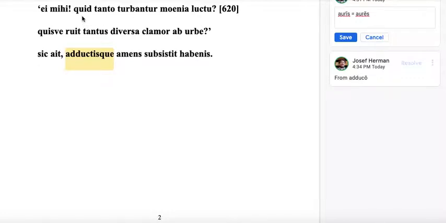So by what great grief are the walls, the moenia, the walls of the city, being turbantur. Okay, this is a passive, turbantur, and turbo, turbare means to disturb, to throw into confusion. Okay, so by what great grief are the walls being disturbed?